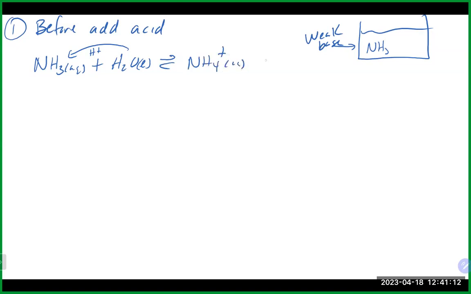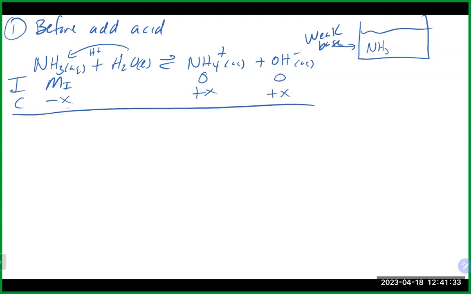You could either keep them together or break it apart into hydroxide here. And this would be an ice table done with molarity, as we have not added any acid in this case, so we're not mixing volumes. And these obviously would be some zeros, some minus x's, plus x's. Initial, minus x, x, and x. This obviously, because it is a base, would go into our Kb value.